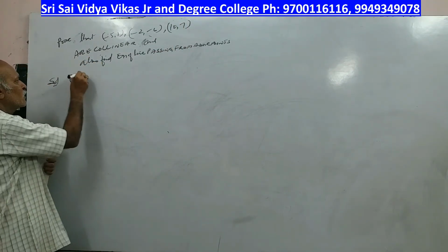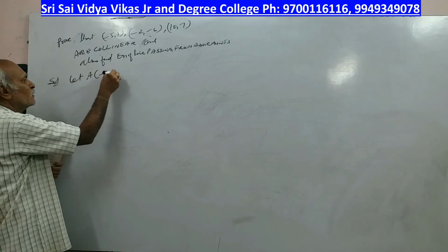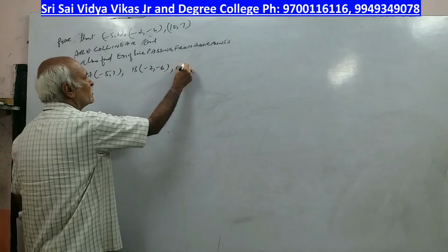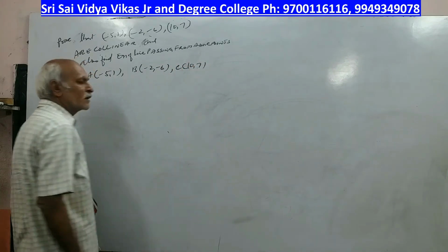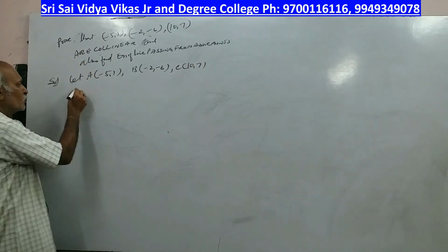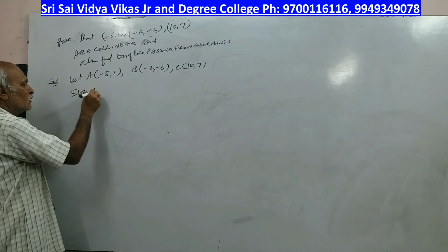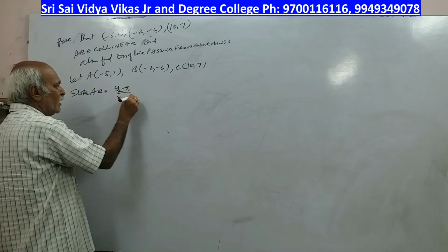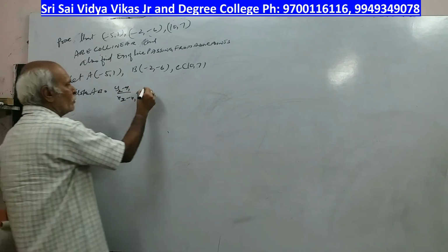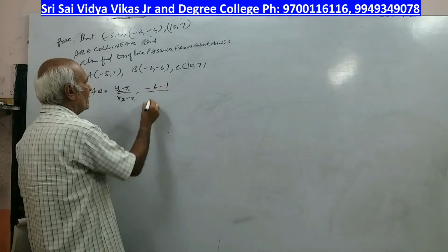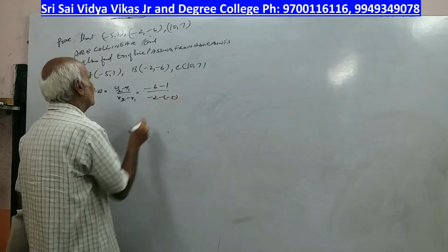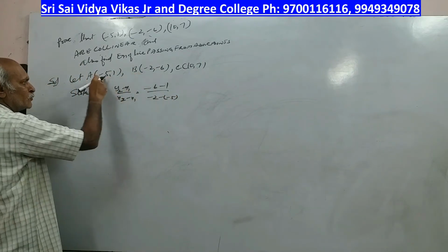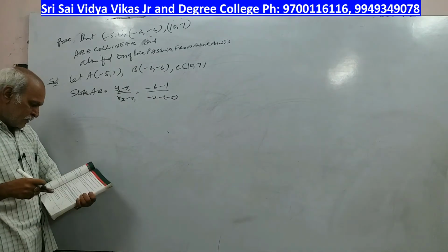So let A be (-5, 1), B, and C be (10, 7). Slope of AB is (y2 minus y1) by (x2 minus x1).